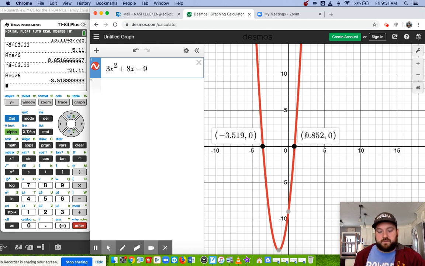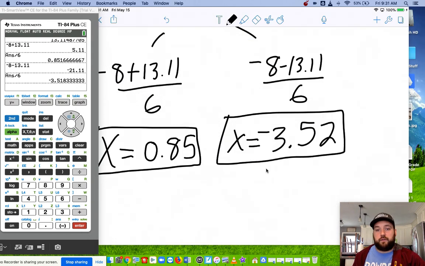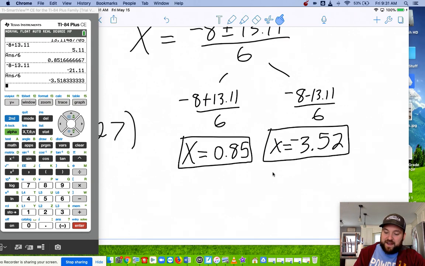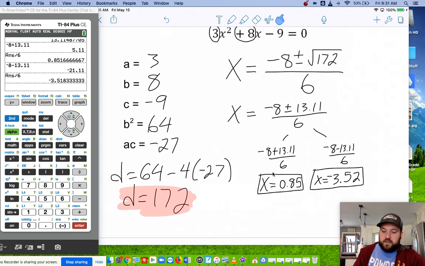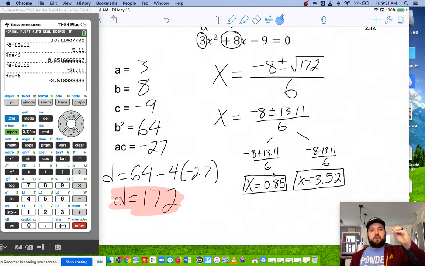And then the other answer is 0.852, which we just called 0.85. So what you are doing when you are doing this quadratic formula is finding the numbers that you could replace x with and get 0 for an answer. Those are the two solutions we have for that problem.